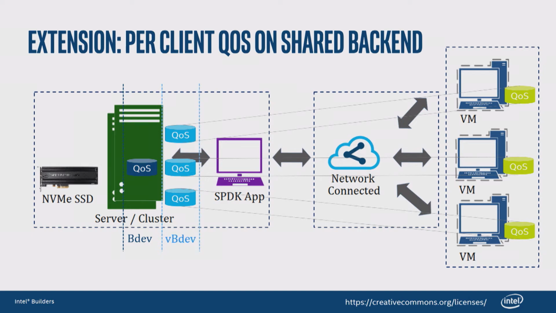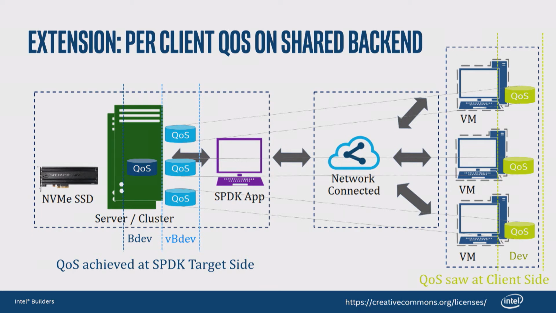So this means that we can have the QoS on the vBdev, and on the client side the VM can see the QoS enabled device. QoS is achieved on the SPDK target side, and the client can also see this QoS. So we just offer the QoS control at the target side to achieve the requirement on the IOPS rate limiting.